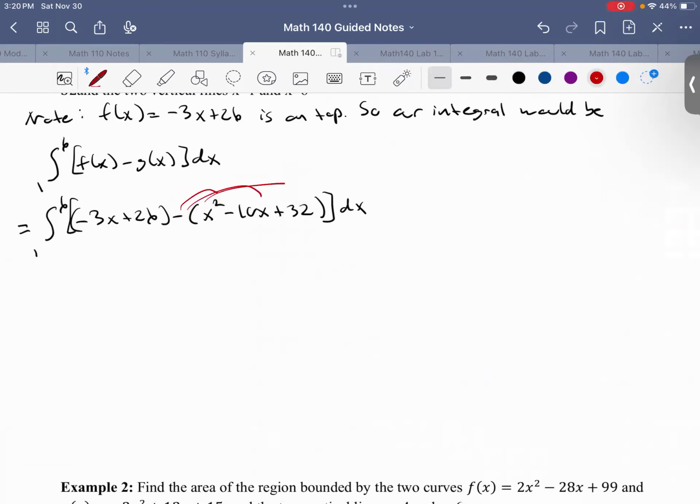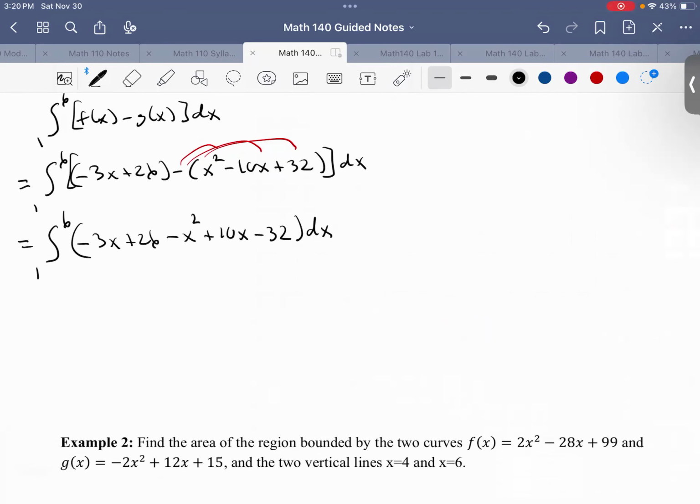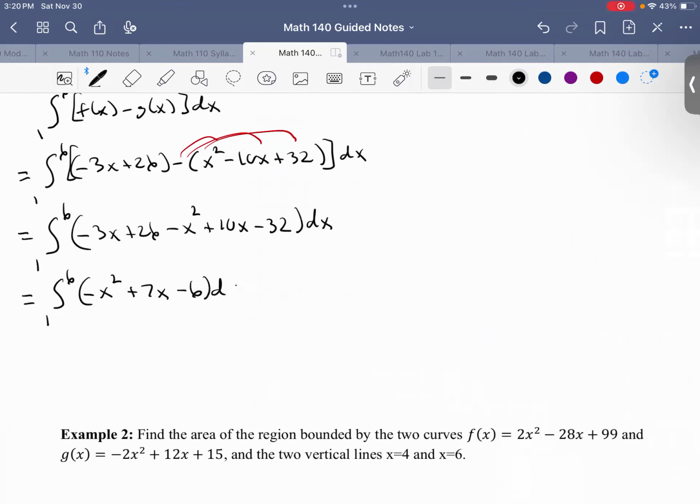This negative distributes inside, and we get the integral from 1 to 6, negative 3x plus 26 minus x squared plus 10x minus 32 dx. And if we keep simplifying, we end up with the integral from 1 to 6, negative x squared plus 7x minus 6 dx.